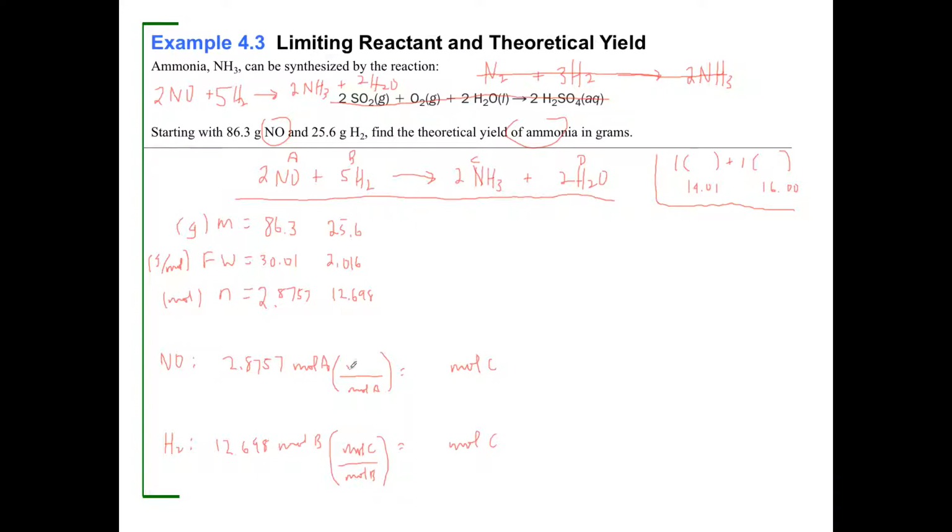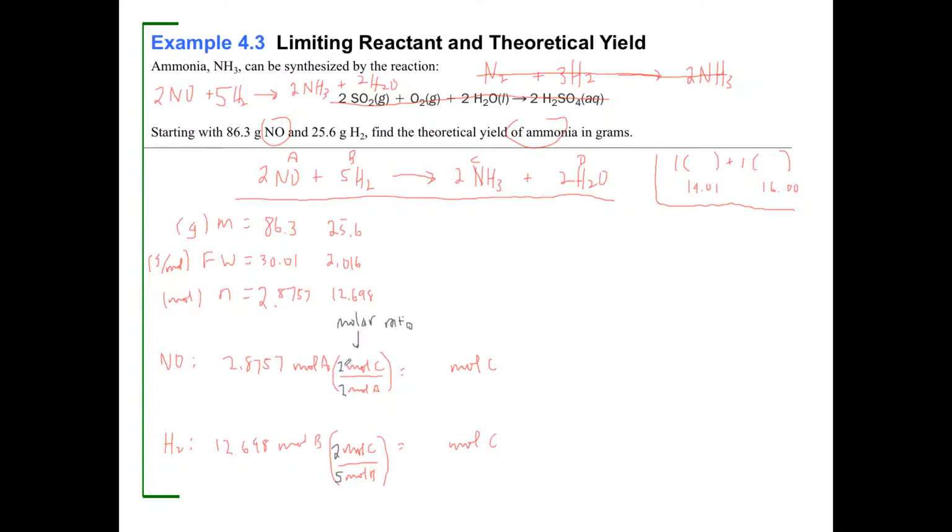Moles of C. I'm going to come down here, go to pen color, black. This is my molar ratio right here, right? It's a very simple conversion. So what numbers go here? Looks like I've got 2 moles of C for every 2 moles of A. Right, and for this one, it looks like I've got 2 moles of C for every 5 moles of B.